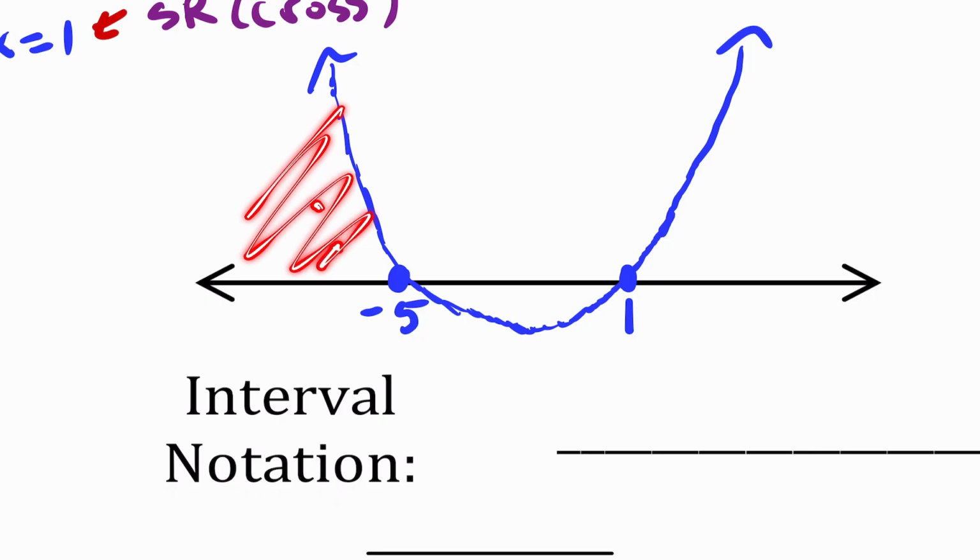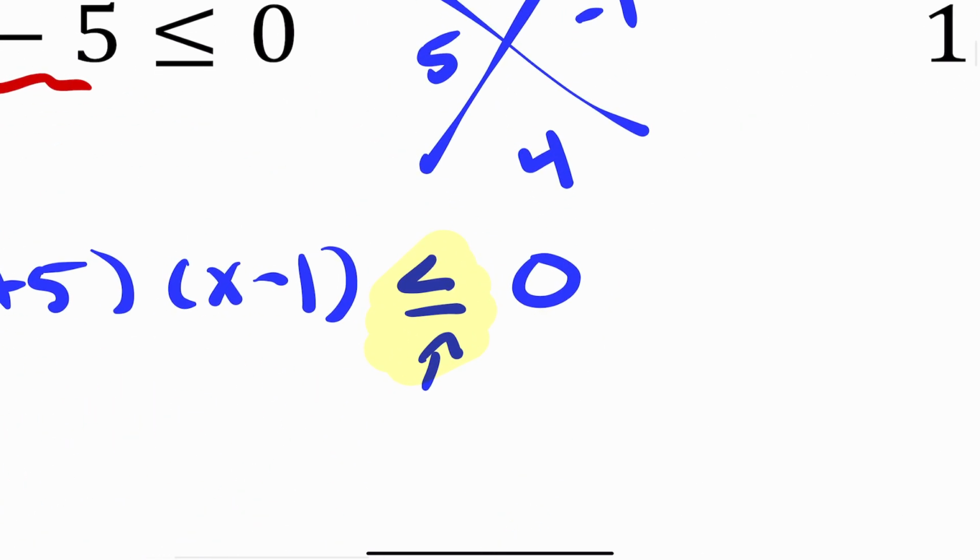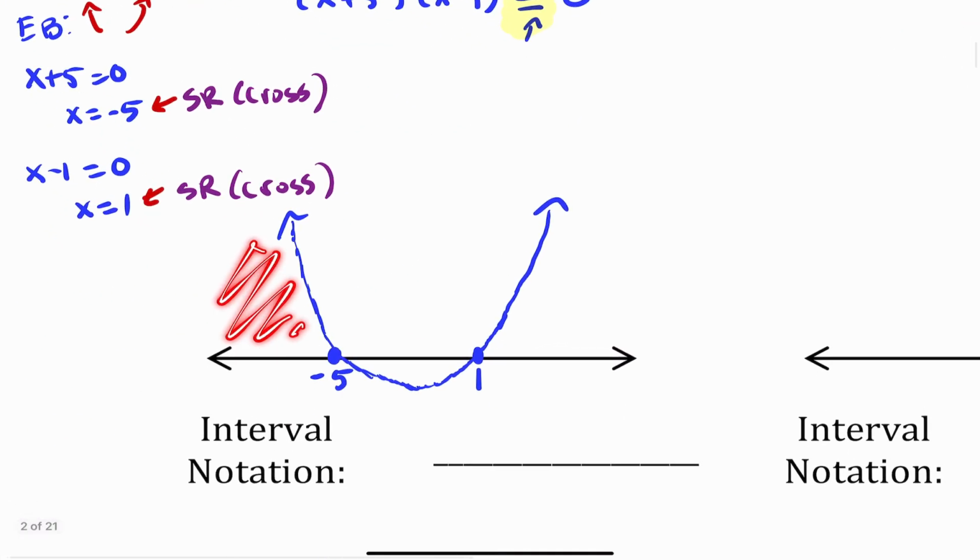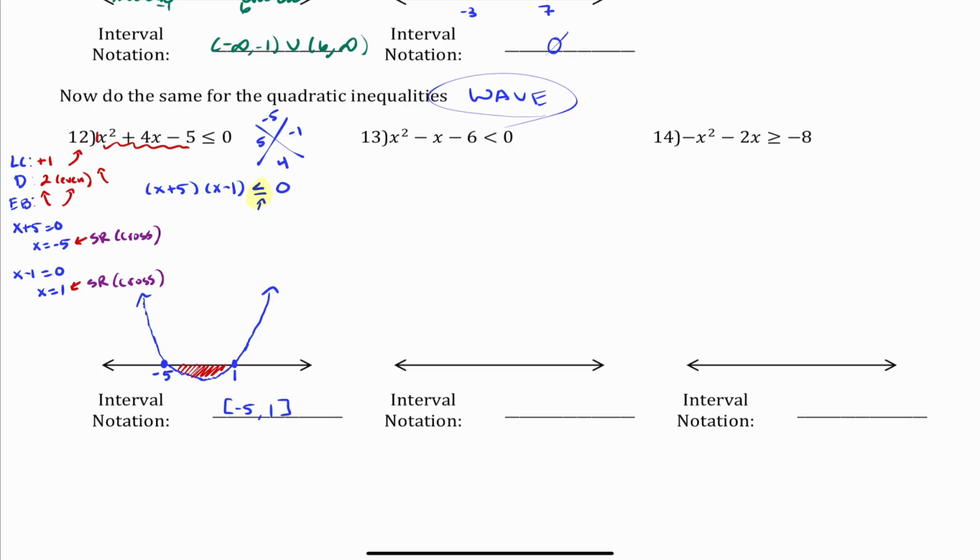Well, it is between the x-axis and the function, but remember the rule is we're shading below, and this would be above. So I would not be shading there. I would be shading right here, between the x-axis and the actual function. So that's basically it, but I need to write my interval notation. It is going to start from negative 5 to positive 1, square bracket, square bracket, just like that. Okay, let's take a look at 13.